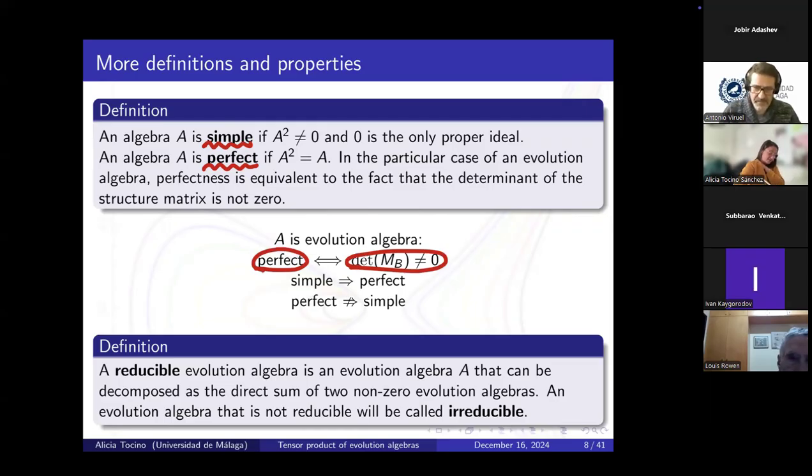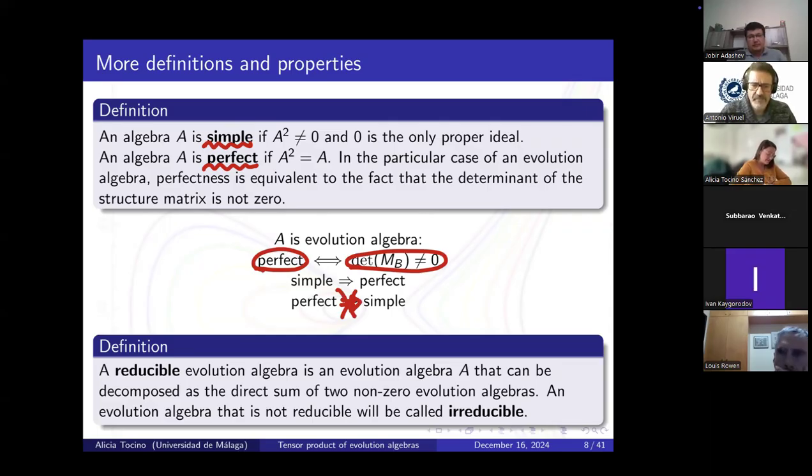It can be proved that a simple evolution algebra is perfect, but if we have a perfect evolution algebra, then we don't know if it is simple or not. This is not true.